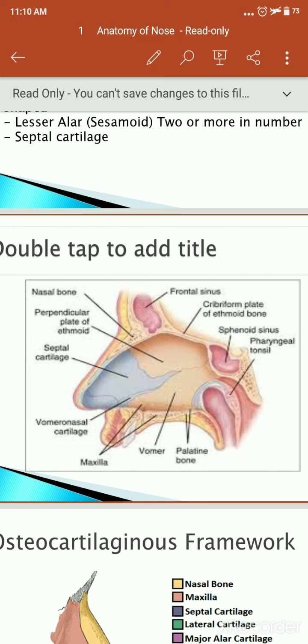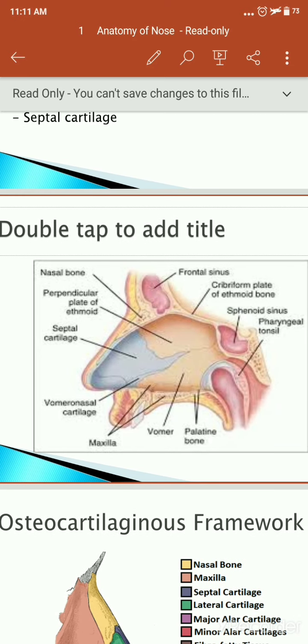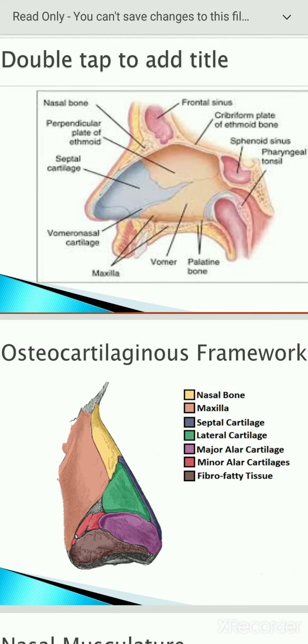Just inferior to it is septal cartilage, a small vomeronasal cartilage, there is a vomer bone, small palatine bone. Superiorly, we see frontal sinus in the sagittal section. Roof is made by cribriform plate of ethmoid bone. We also see sphenoid sinus posteriorly. So this is sagittal section of skull.